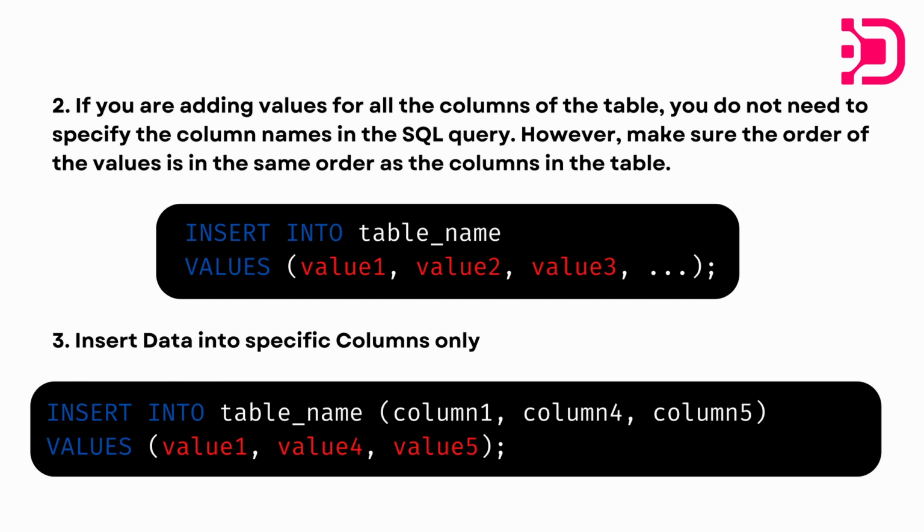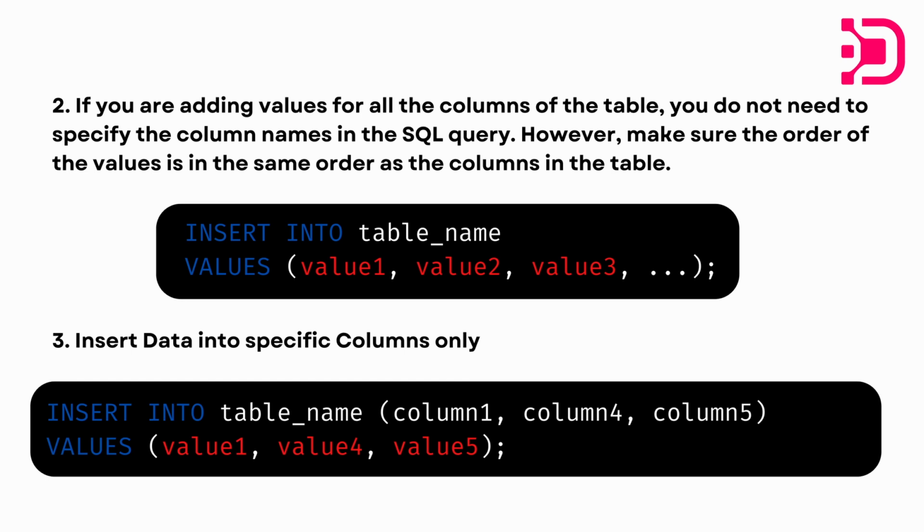In a lot of these tables, some of the data becomes available only at a later stage in time, so we can't obviously wait to write the data that we have until all the data is available, because that would not be practical. So what we can do is insert data only into specific columns of tables. And how we do this, let's look at the syntax.